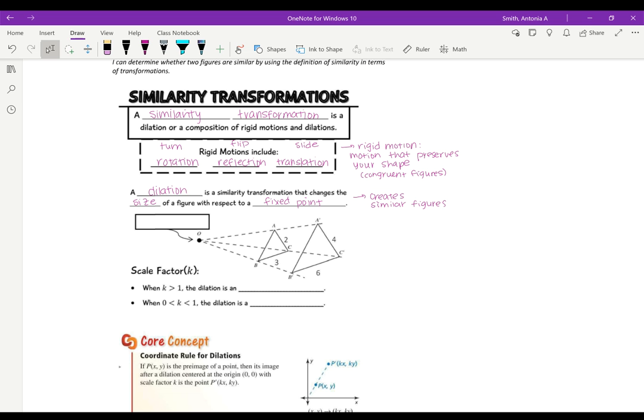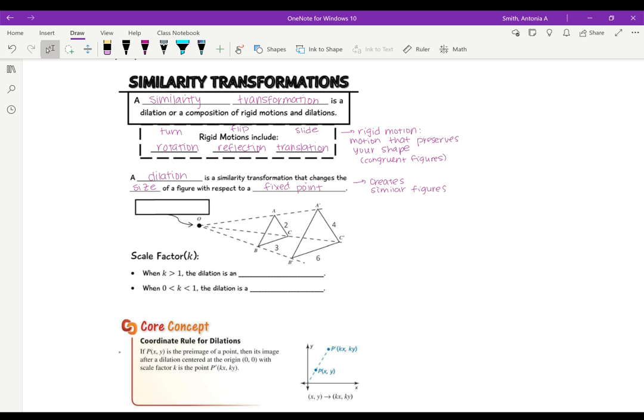All right, so let's focus now on just dilations. With a dilation, we are changing the size of a shape with respect to a fixed point. We call this point the center point. In this image, if we were standing at this center point, and this was our original image, we want to take this image and expand it to be our new image.